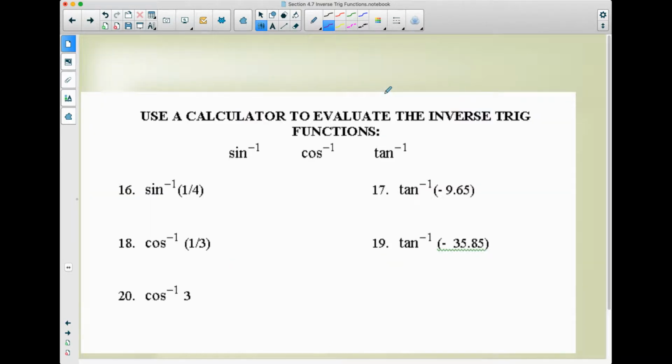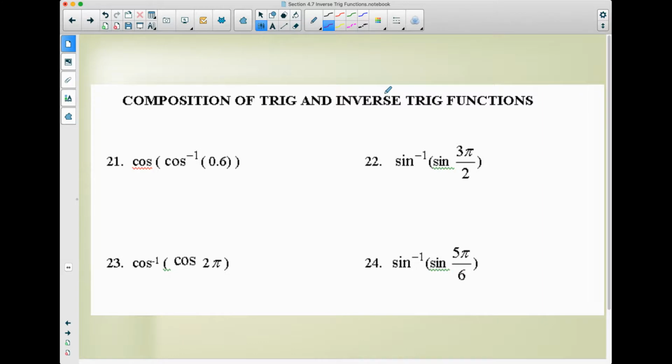Calculator-wise, y'all know where that button is in your calculator, right? We don't need to waste our time with that. I'd rather do the ones that we were just working on. So without a calculator, knowing what we know now, go ahead and evaluate these 4. Always work from the inside out.